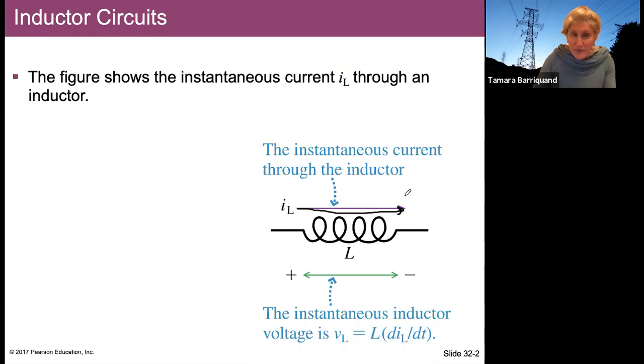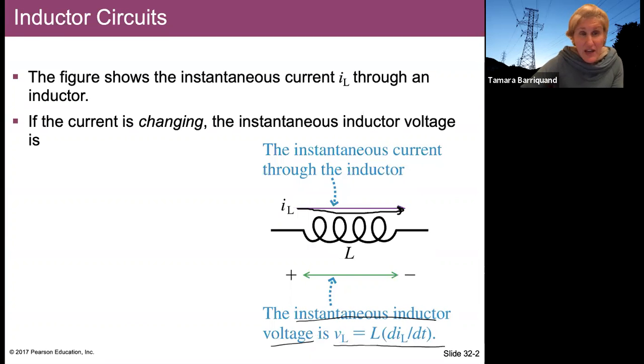And we know that when we're talking about the magnitude of an instantaneous inductor voltage, that will be little v sub L equals L times di sub L dt. So the only time that we will have a voltage across our inductor is if the current is changing.